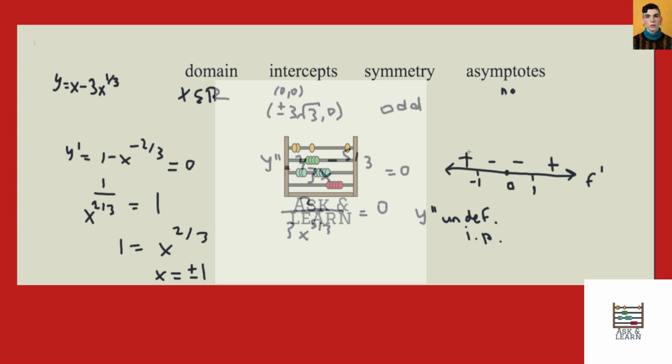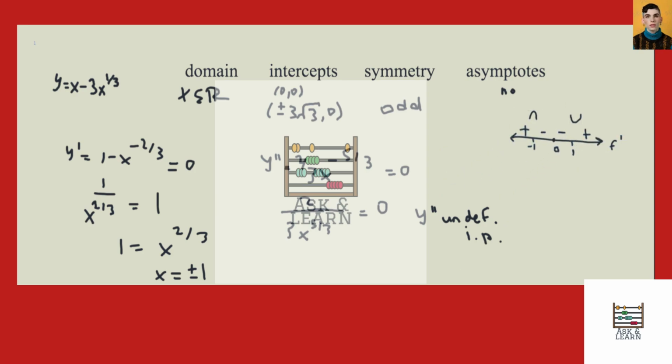So from positive to negative, increasing, decreasing, so this is a max. And here, since it's negative to positive, this is a min. So here we have our min.